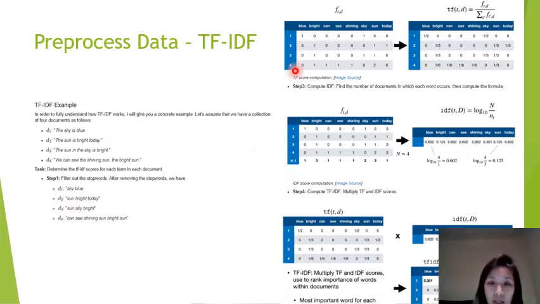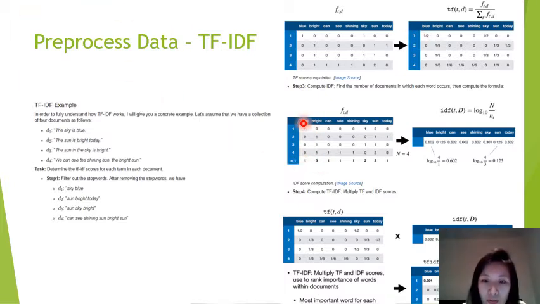The next step is we put those words into a table. For example, D1, which is the first row, has one word, blue, and another word, sky, so we put one for each. Then the TF for blue in the first row is one half.